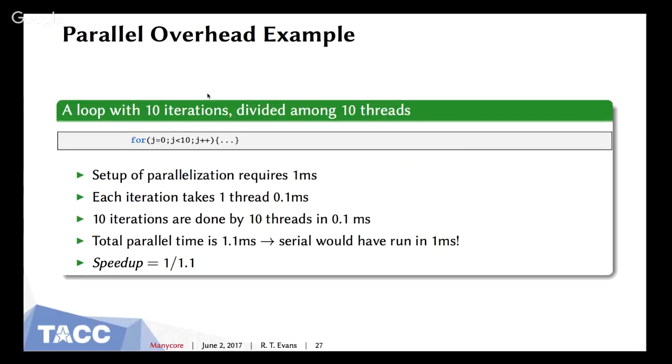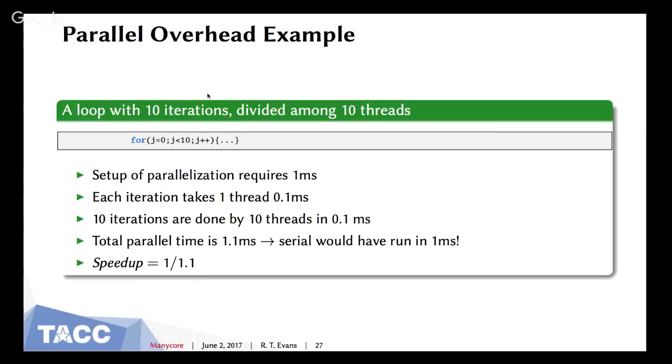So here's another case: a 10 iteration loop, but to set it up, it takes a millisecond. But each iteration is so fast, it's only 0.1 milliseconds. So once you're set up, it does all 10 iterations in 0.1 milliseconds.